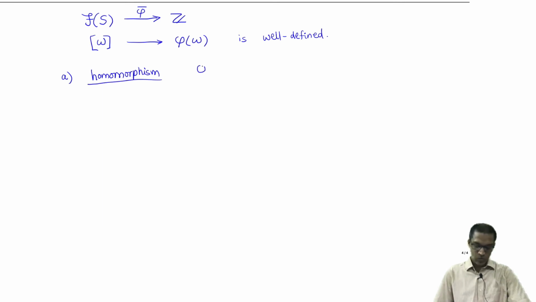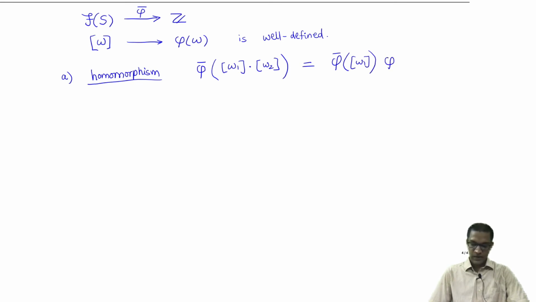Recall, what does homomorphism mean? I must take two elements W1 and W2 in my group F(S), multiply them out in the group, and then my answer should equal phi bar of W1 times phi bar of W2.